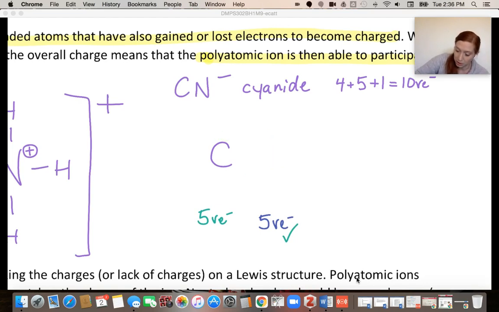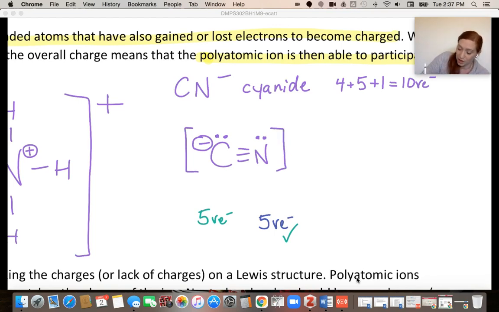I'm going to redraw these real quick. Whoops, that's not the right color. And then I'll put in my formal charge. So there's N, there's my lone pairs. I'm going to do 2 things. I'm going to show that there is an extra electron on carbon by putting that negative sign in a little circle.